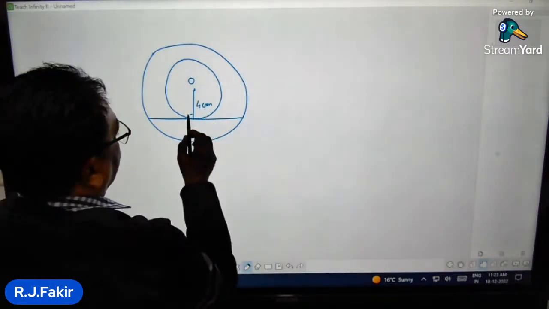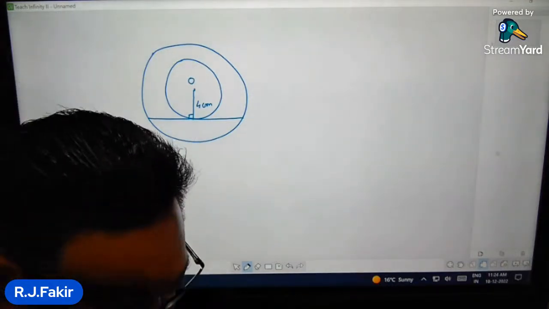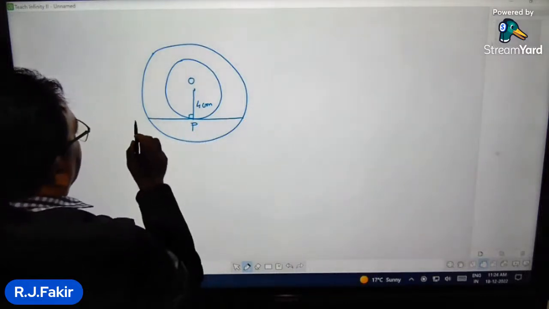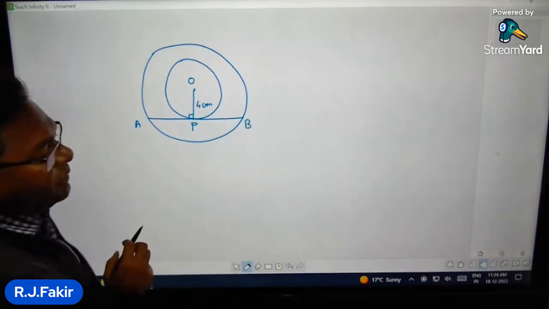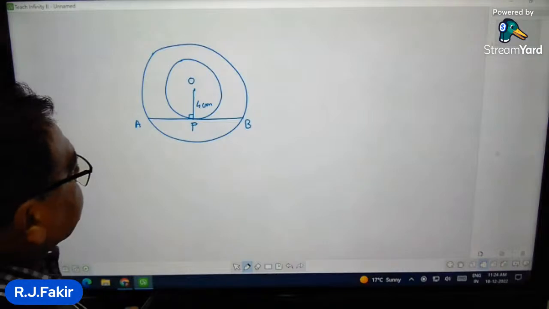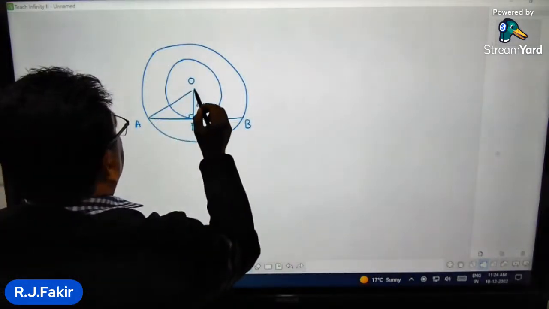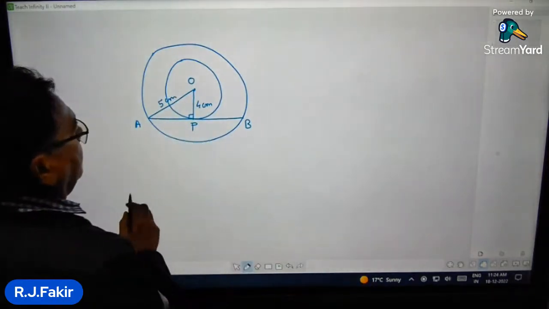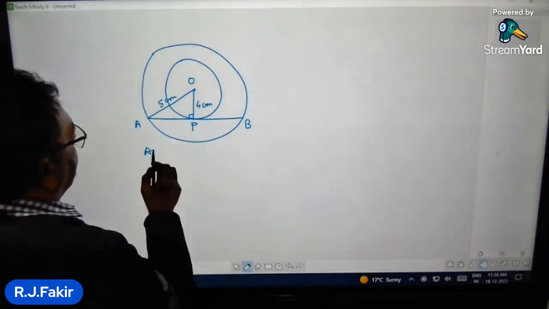We know this is always perpendicular at the point of contact, so we can name these points: this is P, this is A, this is B. Now the diagram is very important in such kind of questions because both the radii are given. The radius for this is 5 centimeter, and we have to find the length of AB.